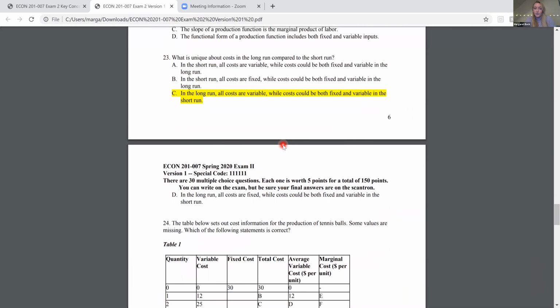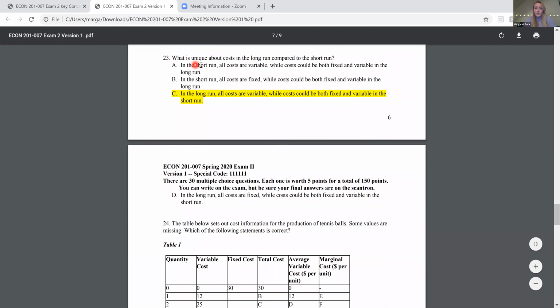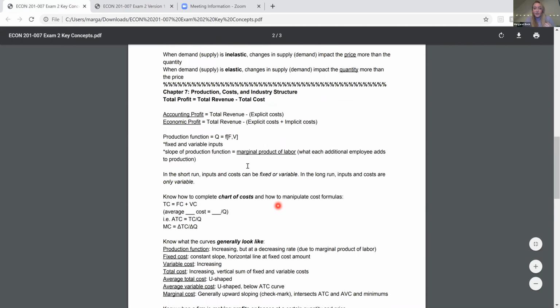Okay, 23. What is unique about costs in the long run compared to the short run? So I believe I also have that listed here. In the short run, inputs and costs can be fixed or variable, but in the long run, inputs and costs become variable.